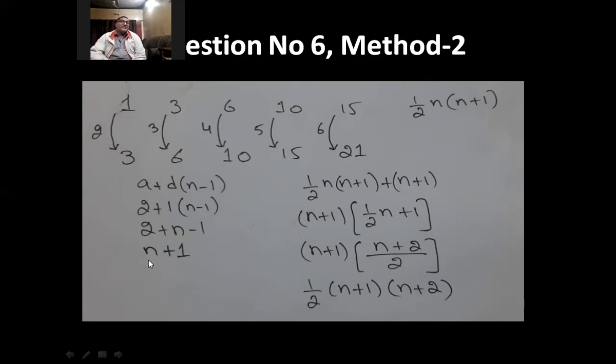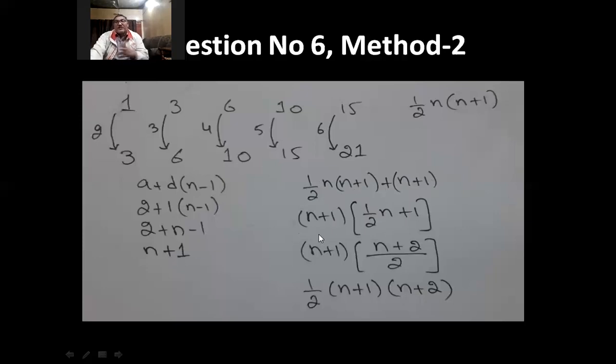Now, the nth formula of the upper sequence is 1 by 2 into n plus 1. And these numbers are to be added. So their nth formula is n plus 1. So you can see that the n plus 1 bracket can be taken common here.